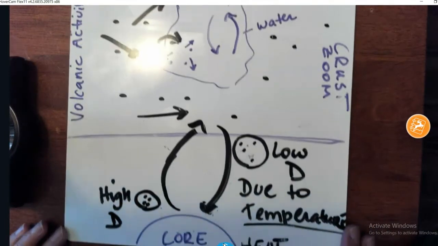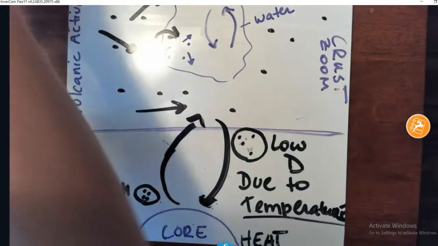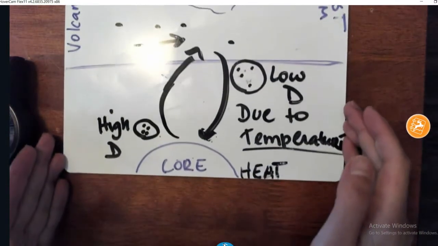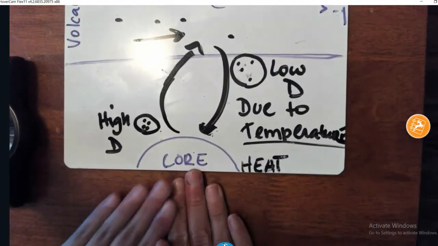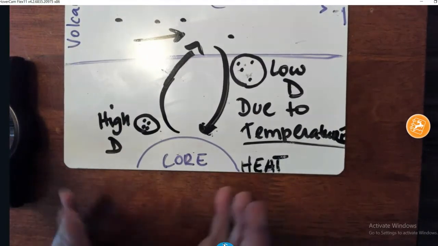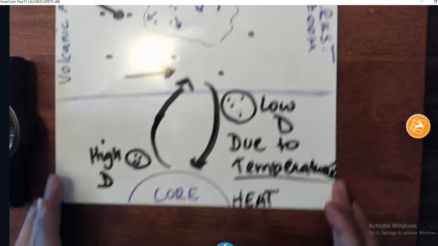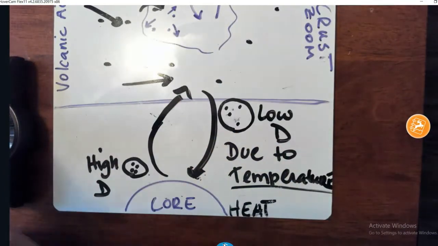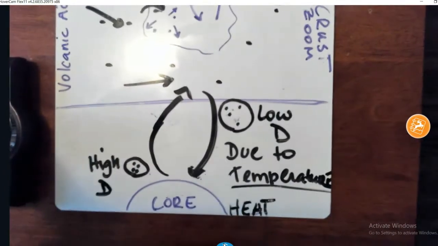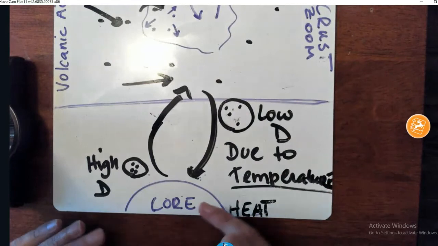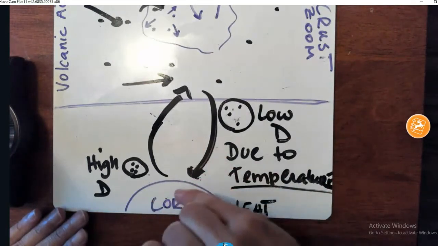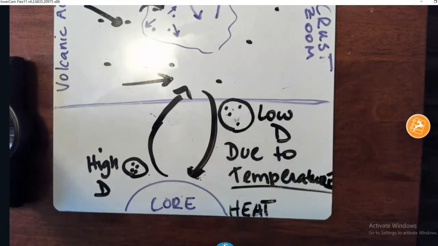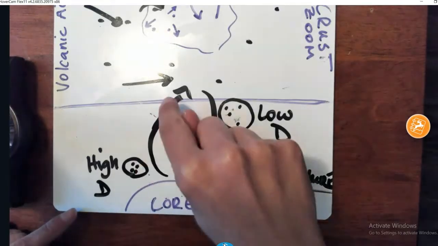So just a quick review. Let's begin from the core. You have the core of the Earth, which is the source of the heat here. Through the different layers of the Earth, there's convection happening of the magma, right? Where high density, did I get this correct? Let's see.